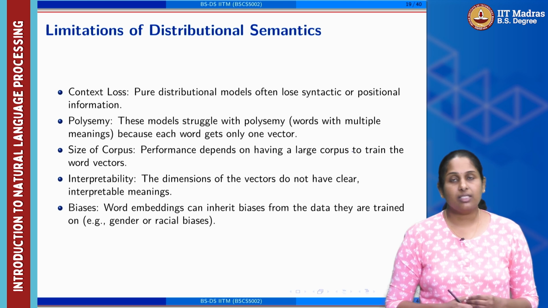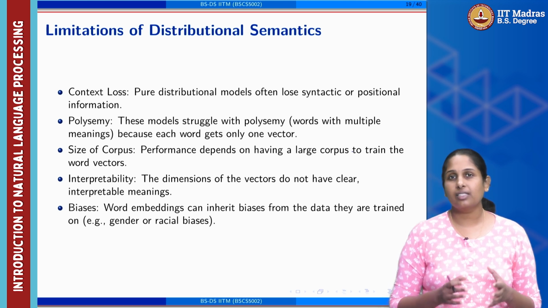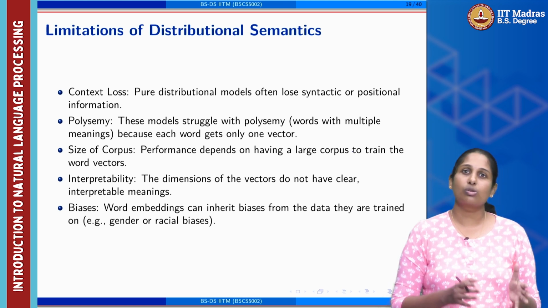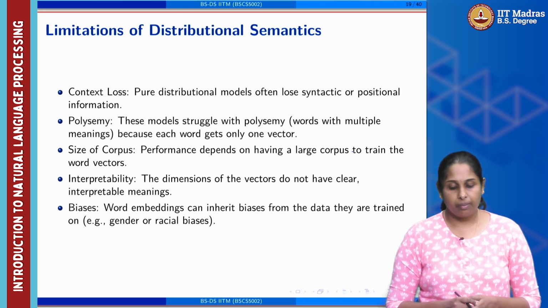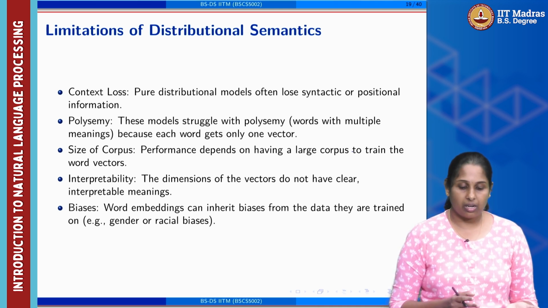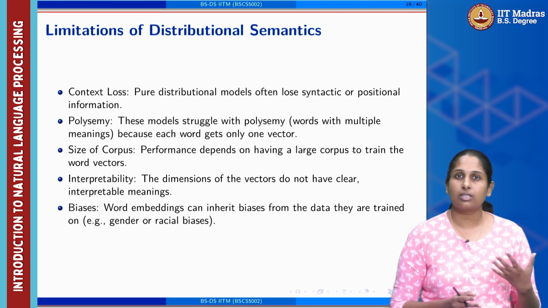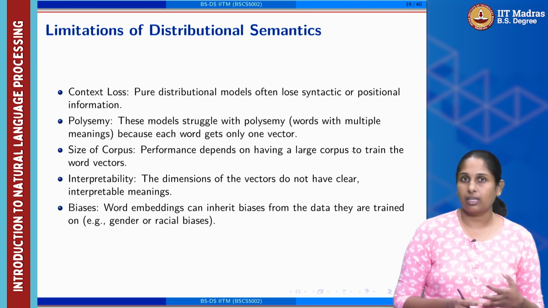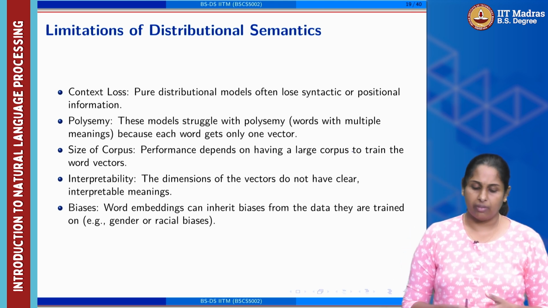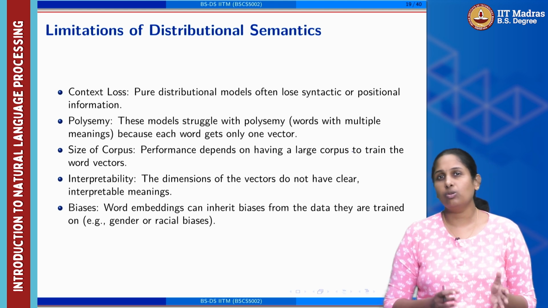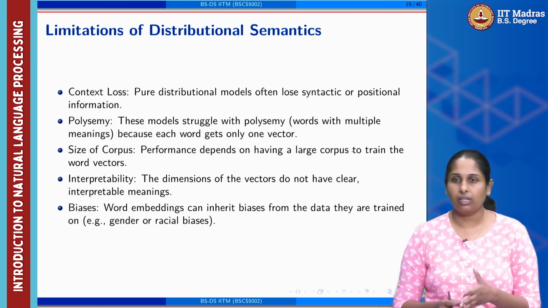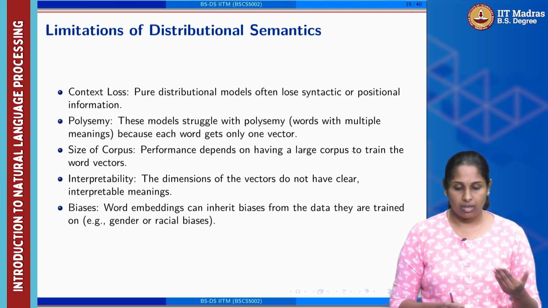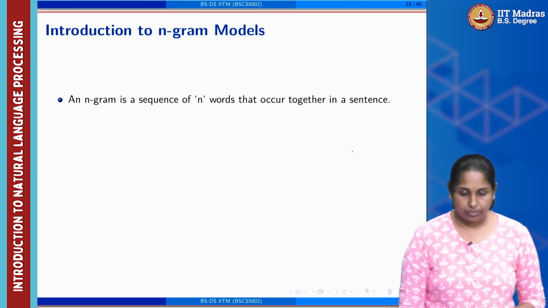And there may be bias, because the inherent bias in the text can also be captured, since the models are trained on a biased corpus. So, gender bias and racial bias can be identified, but to mitigate them we should have some kind of fine tuning method later.